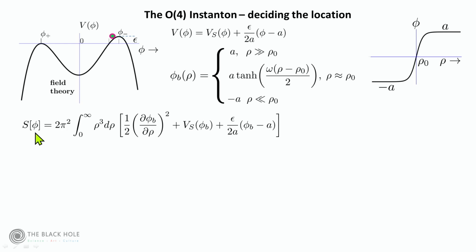So earlier we had used the principle that the action must be minimized, but we had not included epsilon in that. Now we are going to include the fact that there is a slight asymmetry. This epsilon over here is not zero. So one vacuum, the true vacuum, is a little bit below the false vacuum. Epsilon is very, very small.